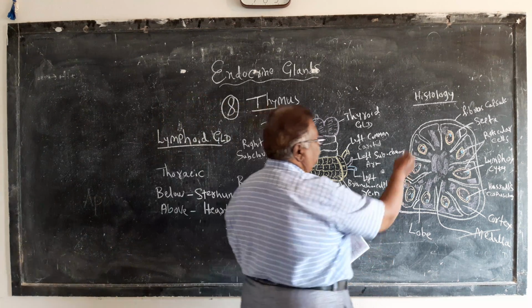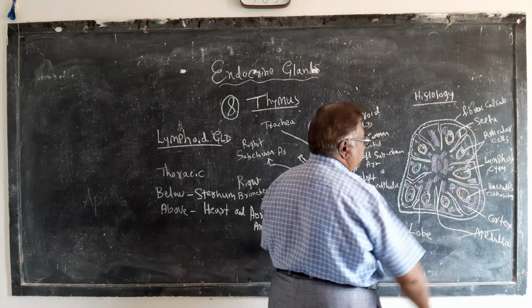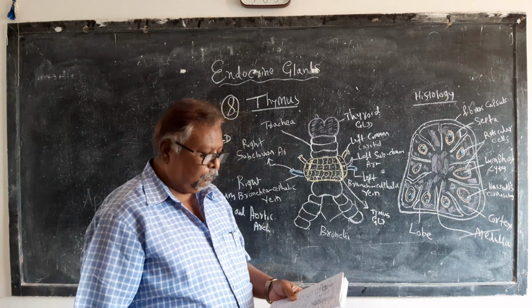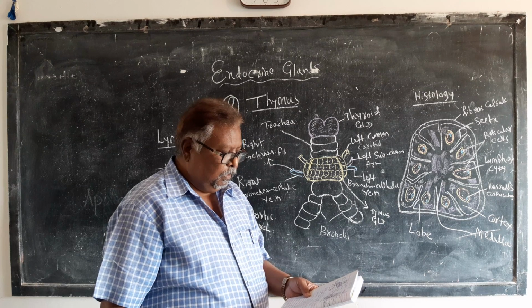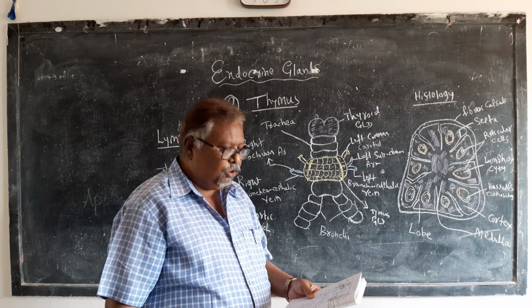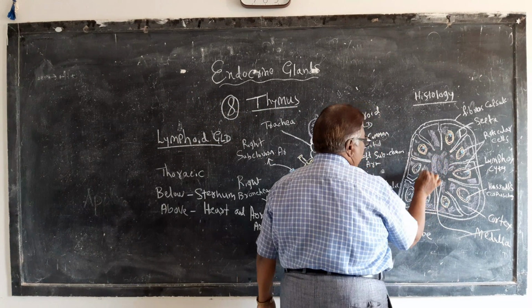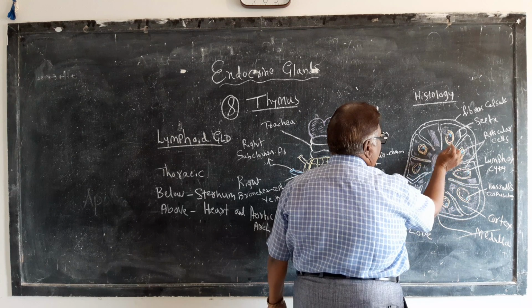This is the fibrous capsule which is covered on the gland, and a number of septa arise and divide it into lobes. So the septa, one, two here like this, arise and it is divided into lobes.